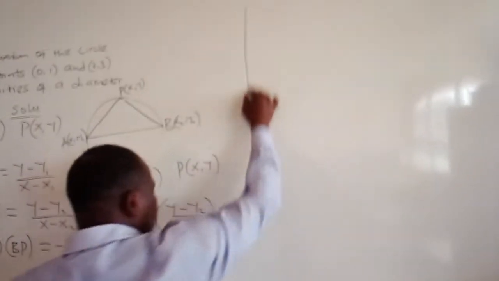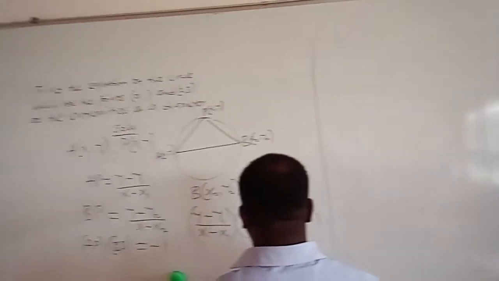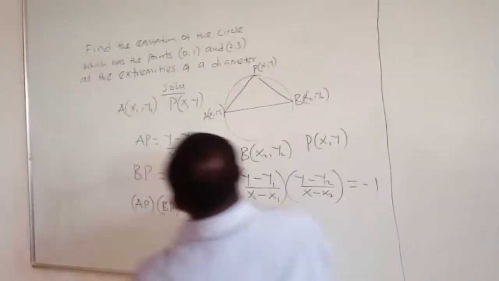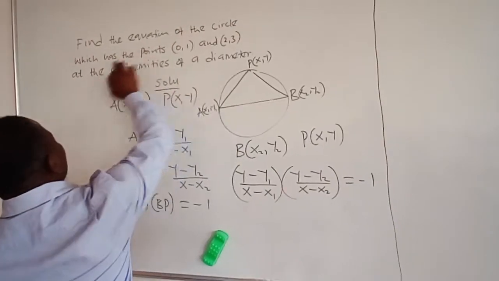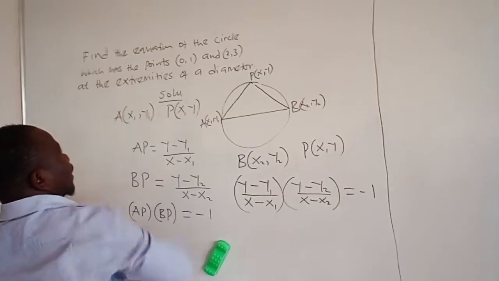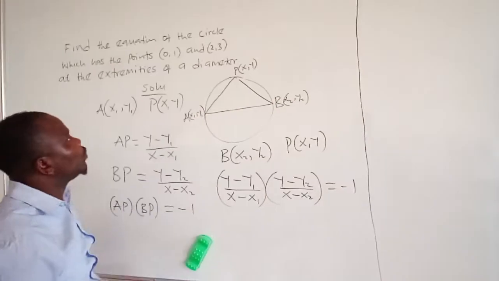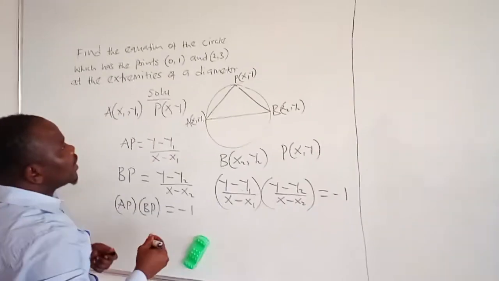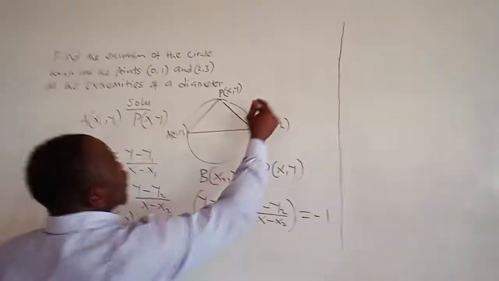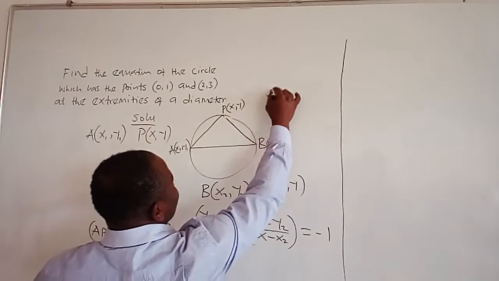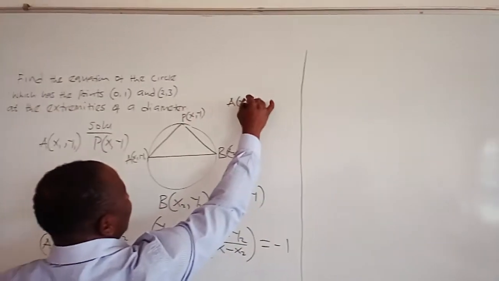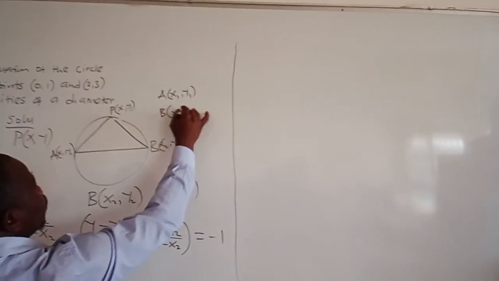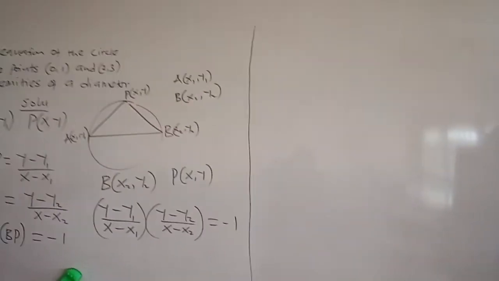Now you know very well that it says find the equation of the circle which has the points. You don't need a prophet to tell you. Look at the points. At point A, we have (x1, y1), and at point B, we have (x2, y2). True or false?